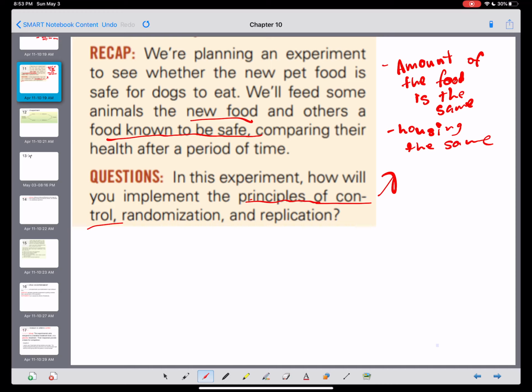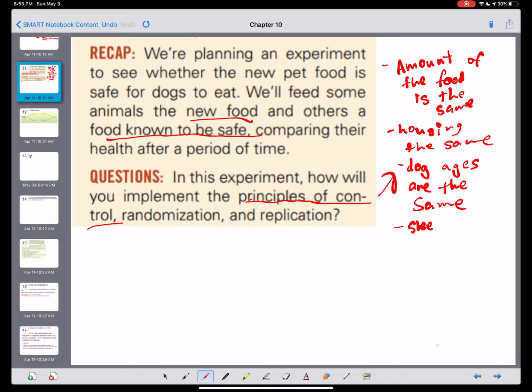There are other things. You want to make sure dog ages are the same. You don't want to pick a puppy who's healthy and more energetic versus an older dog that might have health issues. What else? There's so much.